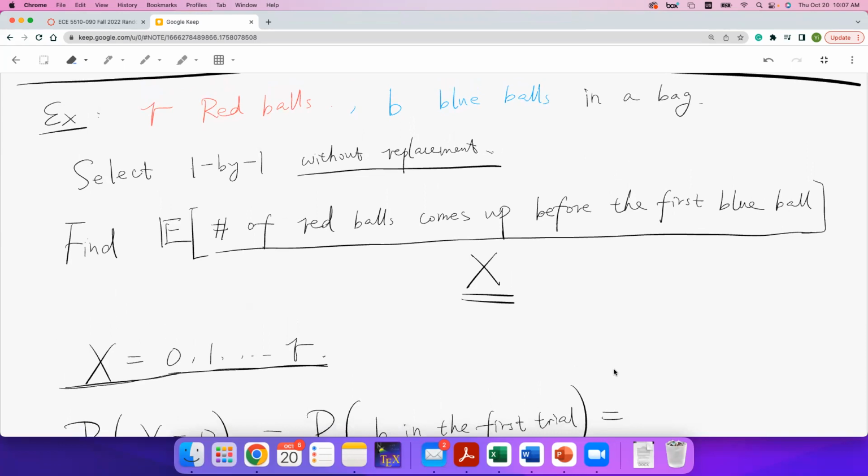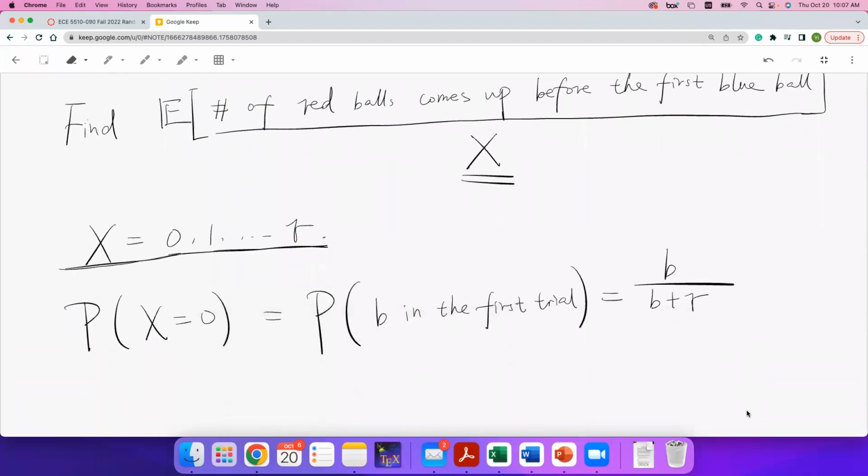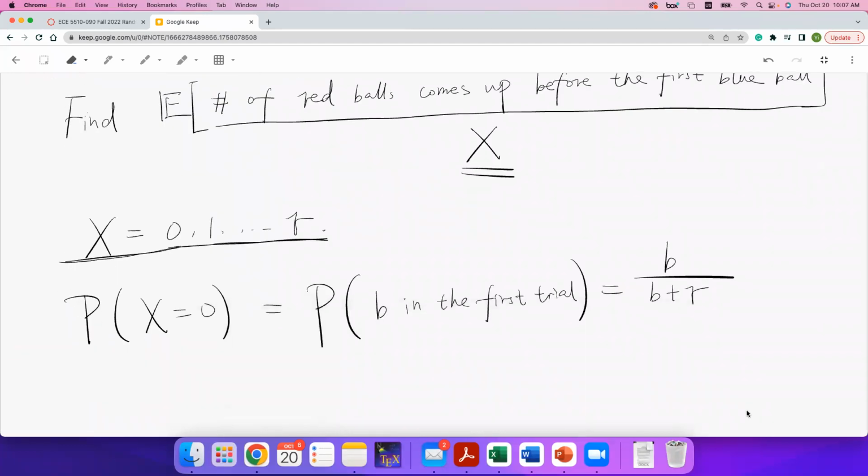You have R red balls plus B blue balls. Let's follow the intuition. You have B blue balls. In total, you have B plus R. So this is the probability.